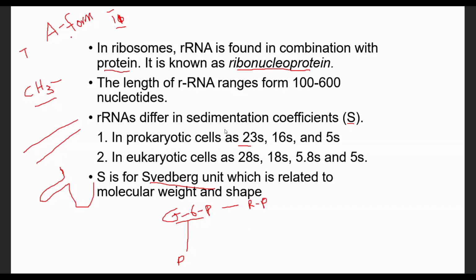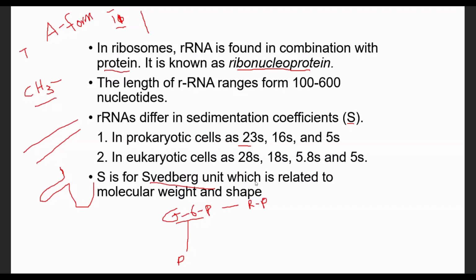This one is shorter in length than B form DNA. Even if the number of nucleotides is greater than in the B form DNA, the length is shorter. There is dehydration of the B form DNA into A form DNA, and the length becomes shorter as a result of this dehydration process.